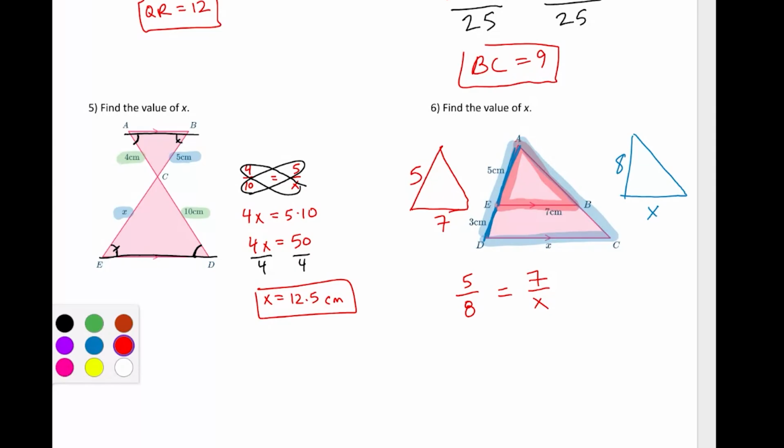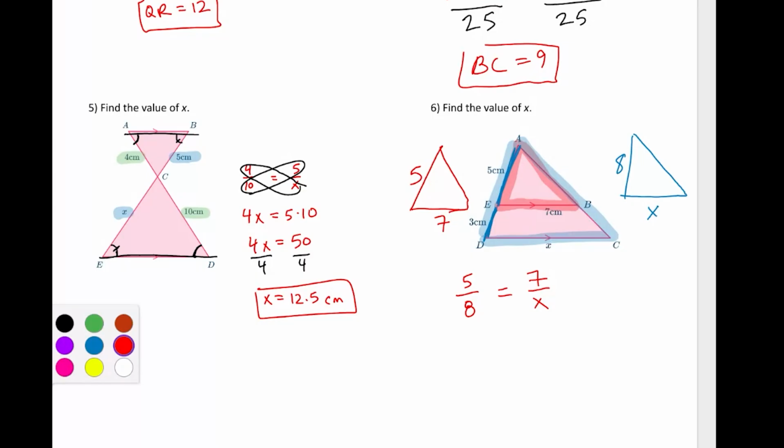Now, there is a little bit of freedom in how you set up these proportions. Basically, if you imagine these 4 positions where we have numbers like the 5, 8, 7, x, as long as you're consistent about what is corresponding either across or down, you can rewrite that in a lot of different ways. The way I like to think about it is that relationship's fixed, but you can always sort of rotate the proportion.